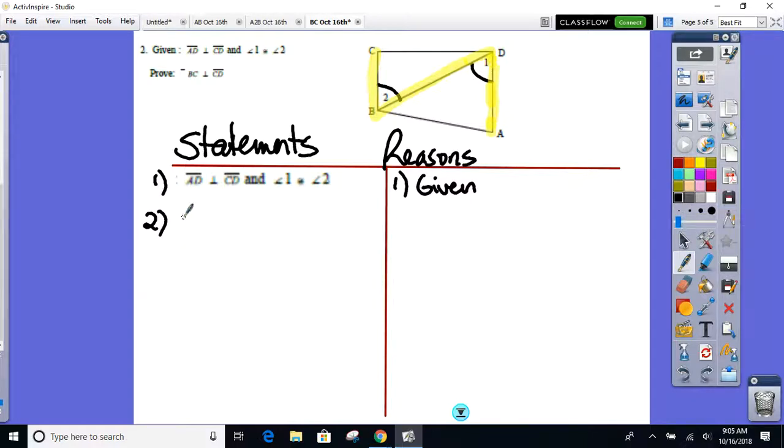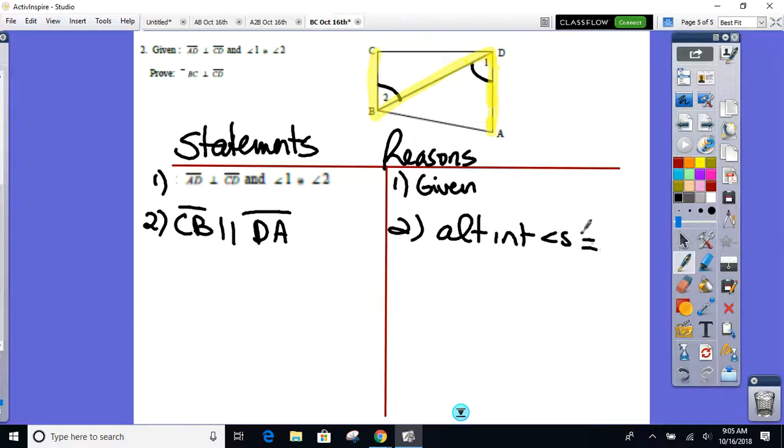But yes, I do have CB parallel to DA. Alternate interior angles congruent imply parallel lines. That will help me out now because take a look. Notice the given we haven't used, the perpendicular lines.